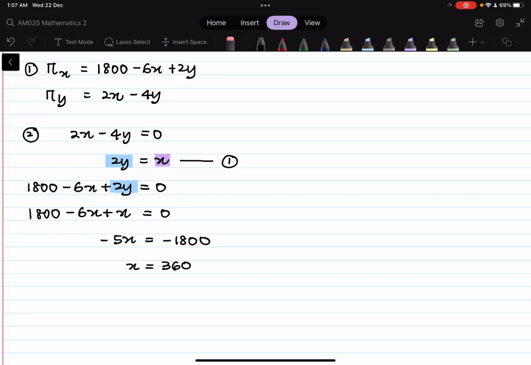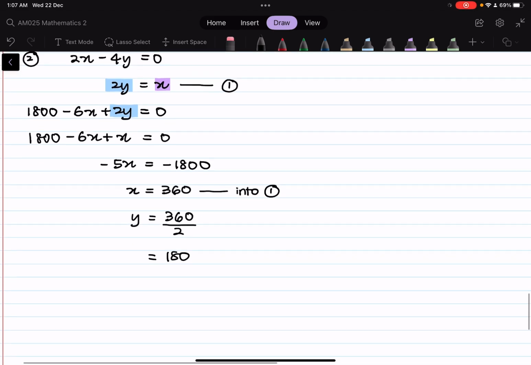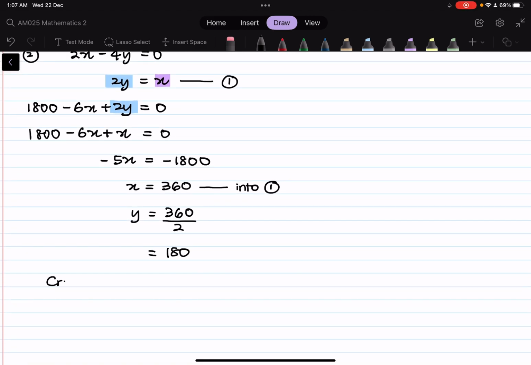Now I'm going to substitute this into the first equation. I'm looking for y, then y equals 360 divided by 2, which is 180. So my critical point here is (360, 180).